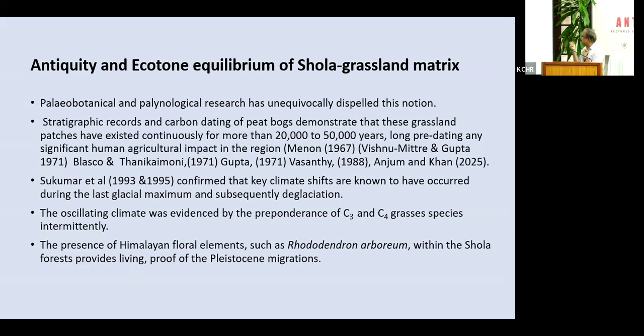Such studies have been conducted over a period of time, ever since people started looking at the history of vegetation, and by many scientists as well. Sukumar looked into the Nilgiri area, and he proved the climate change after the Pleistocene post-glaciation period, and he demonstrated that the vegetation was largely of C3 and C4 types with respect to the wet as well as the dry periods of the climate.